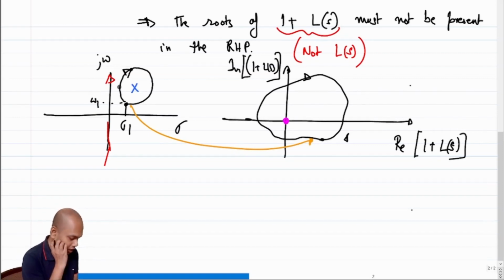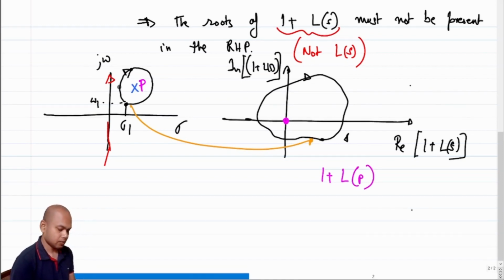The intuitive way of understanding this is, let's say this is the pole p, what is 1 plus L of s at s equal to p?